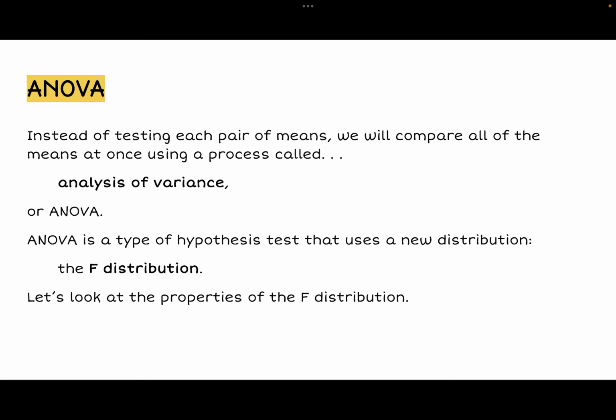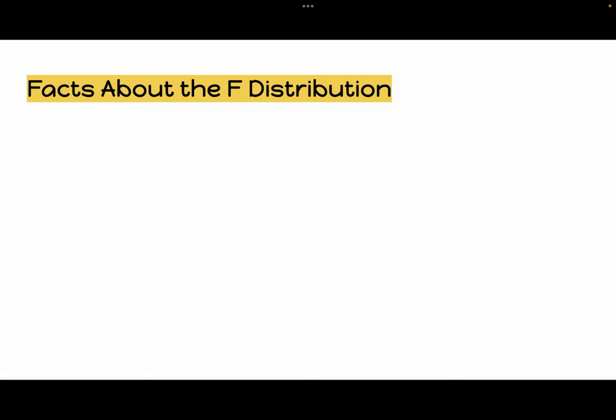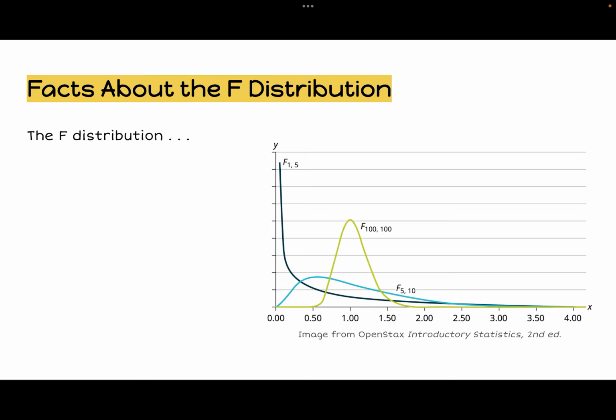So we're going to look at properties of the F distribution, and we're going to learn how to find values for the F distribution using a table, because most calculators don't have this distribution programmed into their memory. So first, let's start with some facts. The F distribution looks familiar.